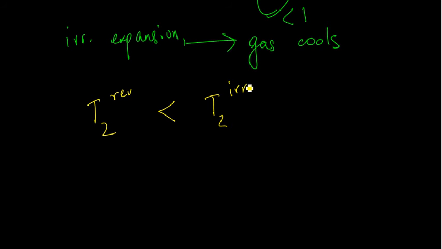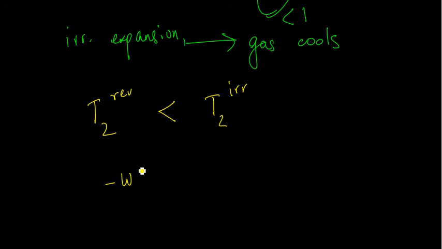So in the irreversible case, now you have to be very careful over there. In the reversible case, you get maximum amount of work, right? But that work has a negative sign because it's going from the system to the surrounding. The work is being done by the system, so I always take care of the sign.